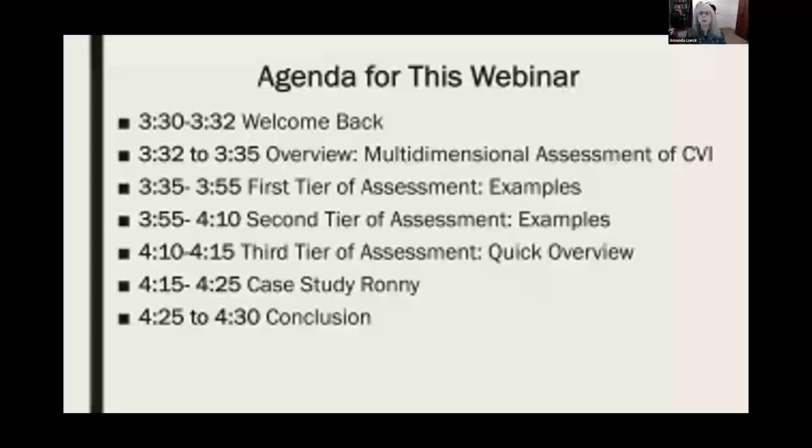We're going to do an overview of multidimensional assessment with CVI. I'm going to talk about tiers of assessment as a way of understanding the different types of assessments that are needed for children with CVI. Then do a case study with a young man we'll call Ronny and go to the conclusion.